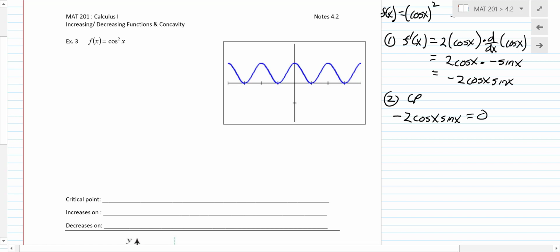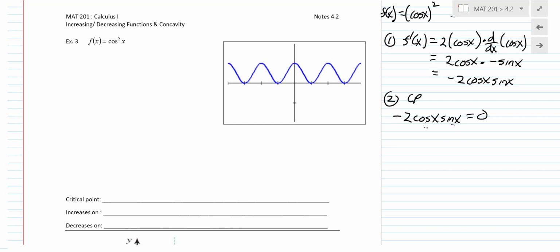Now, in a problem like this there are several approaches you can take. I think what I'll do is use an identity here. Or you could even look at this: it's already kind of in a factored form, because cosine is a factor and sine is a factor.